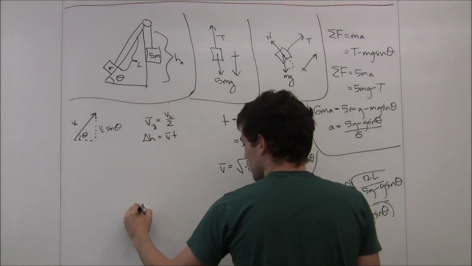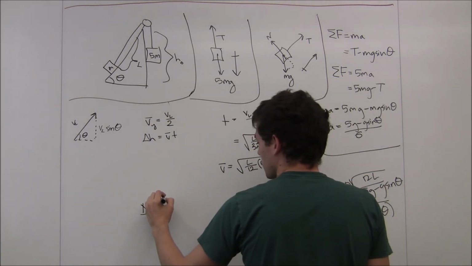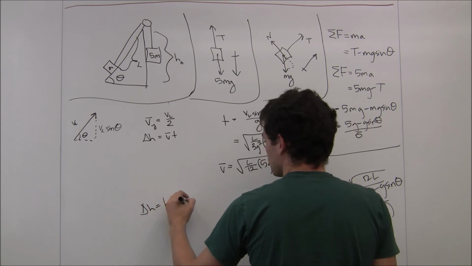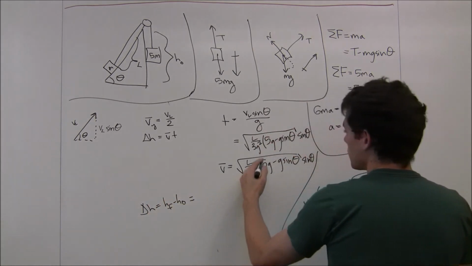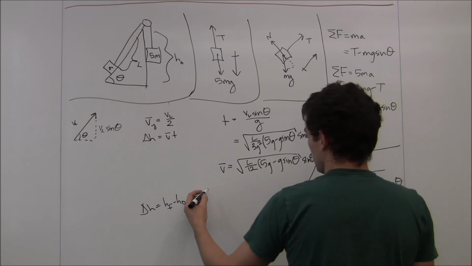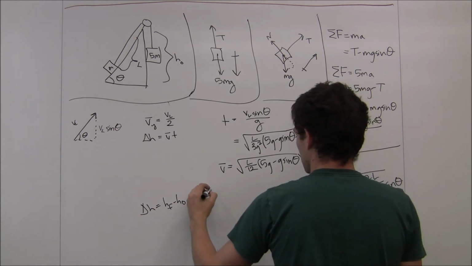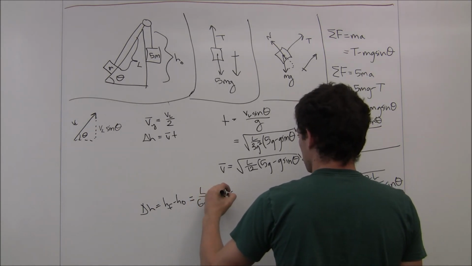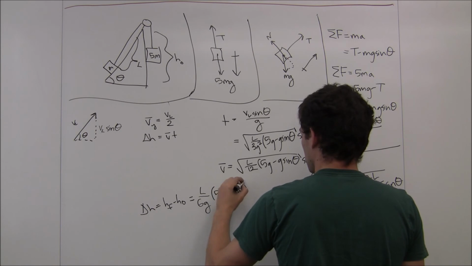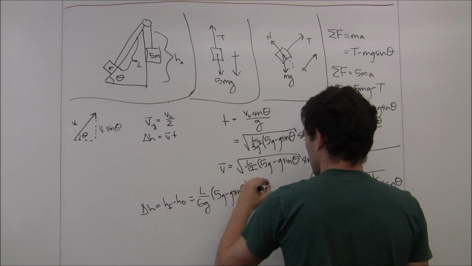So this tells us that delta H, which is equal to H final minus H naught, is equal to the product of these two terms, which is just going to be L over 6g times 5g minus g sine theta times sine squared of theta.